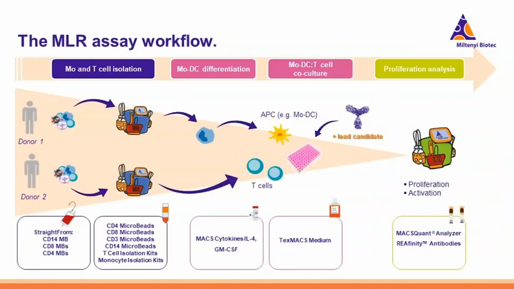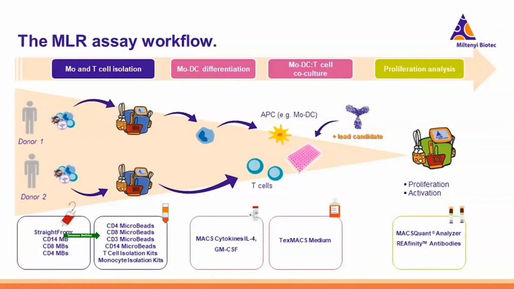The products I would recommend you here are also the StraightFrom products. So we have them for B cells, we have them for T cells, we have them for NK cells, and also for the monocytes, so CD14 MicroBeads, CD4, CD8 MicroBeads. So again, directly getting your cells from whole blood, from buffy coat, from LRS chambers, and from leukopak, which saves you a lot of time and can be automated.